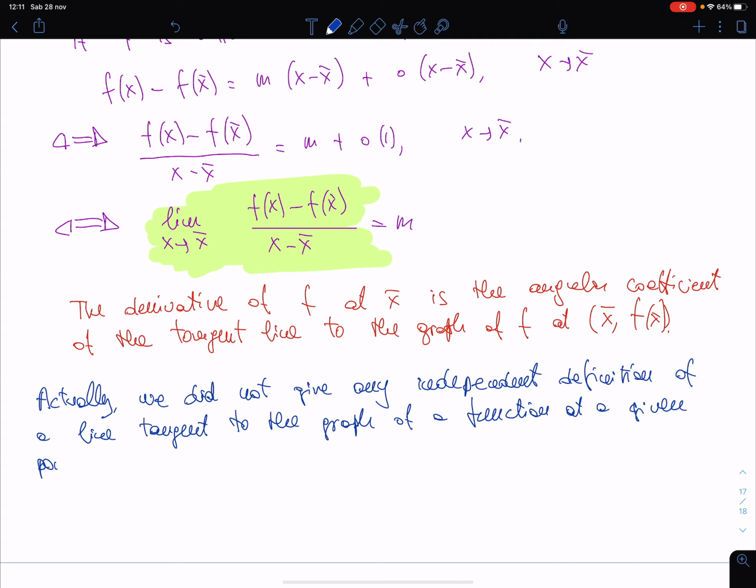For us, differential calculus provides such a definition.